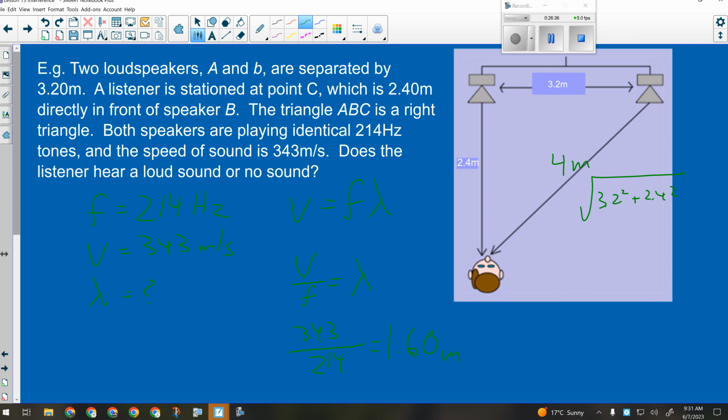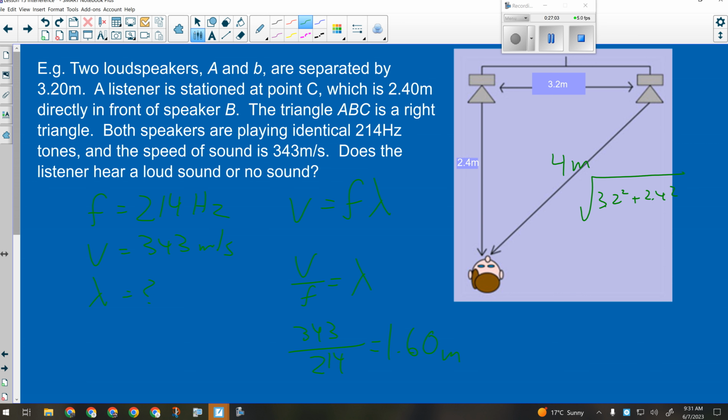So whether the person hears a loud sound or a quiet sound is determined by the number of wavelengths from each speaker. How do I figure that out? If I know the length of one wave, and I know how far those waves have to travel, and I figure out how many waves would be between the speaker and the person, how do I do it?